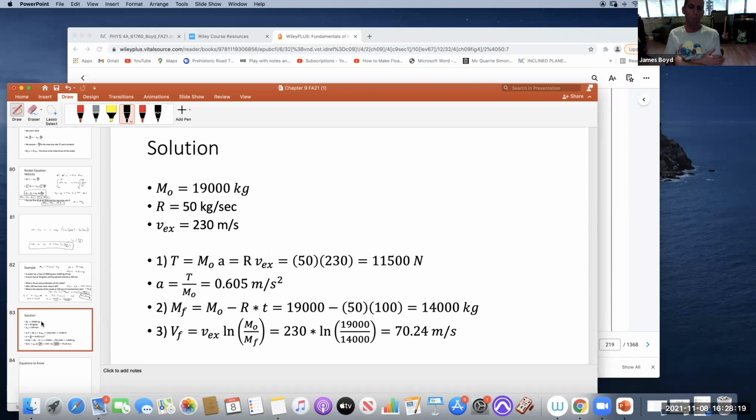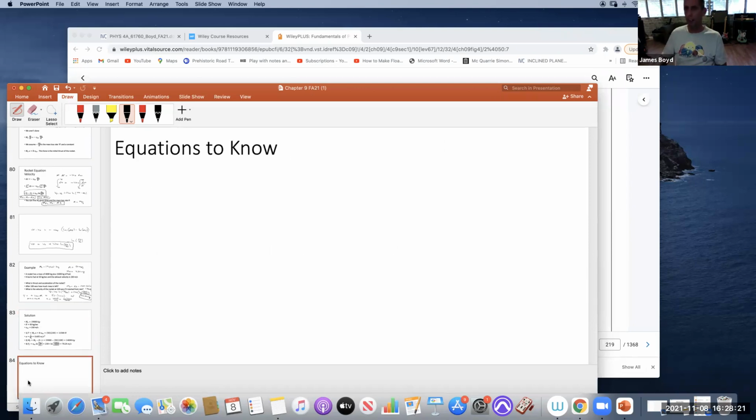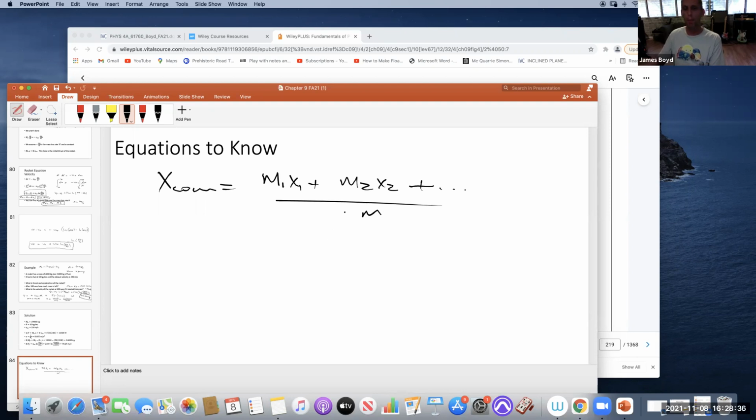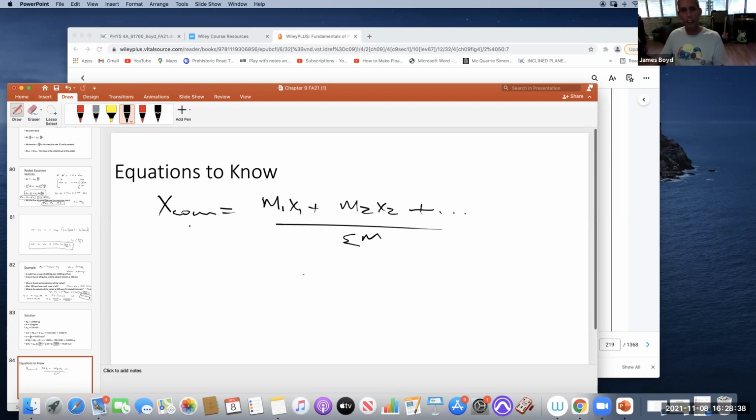So basically, what we've had today, and I'm going to go over some homework in a second, is we had the center of mass, which was M1 x1 plus M2 x2 plus blah, blah, blah, divided by M total, right? And we had some momentum stuff. We had F times delta T is M V final minus M V initial.